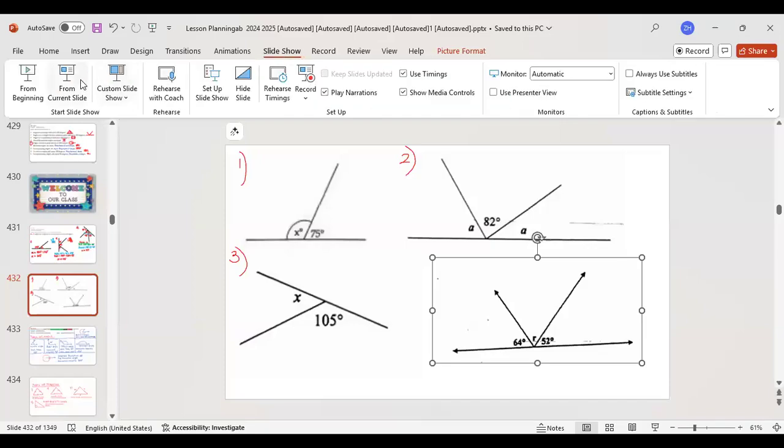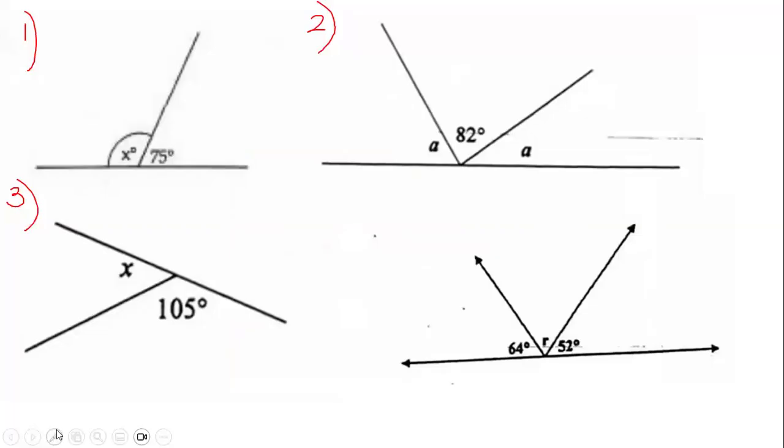And number 4. So those are the 4 that we are doing. Let me go ahead and mute some people.